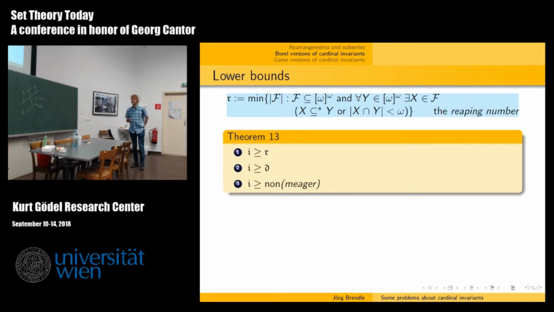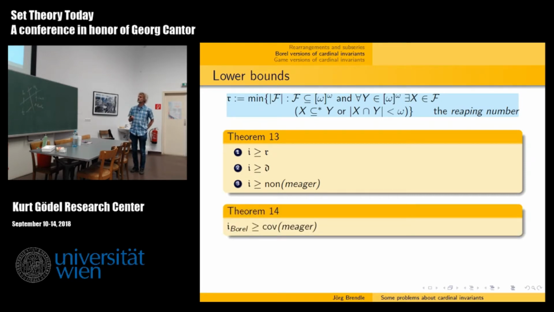The other two cardinals were already defined. We do not know whether any of these is a lower bound for I closed or I Borel. The best lower bound we have for I Borel is covering meager. I already mentioned covering meager is below D, so this is not as good as this lower bound. Covering meager actually is also below R, so both of these lower bounds are of course better than this lower bound.